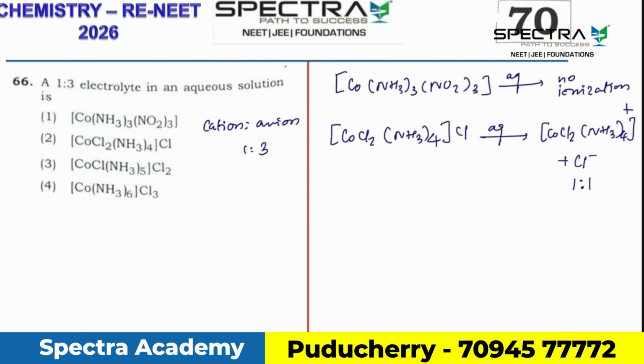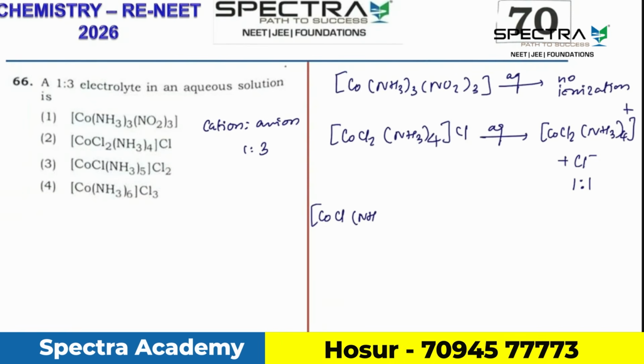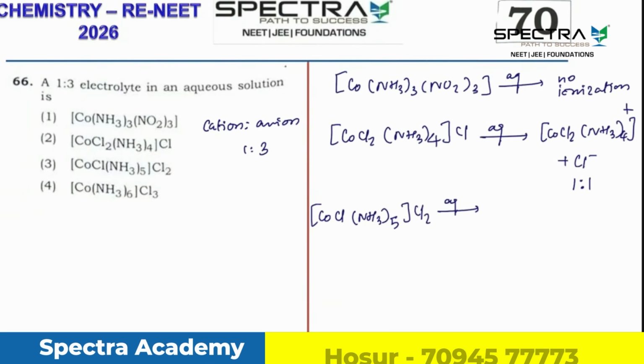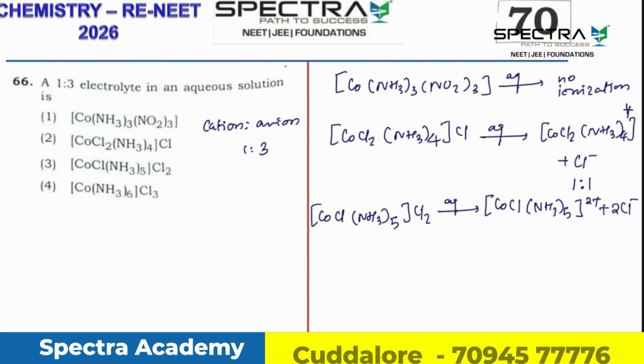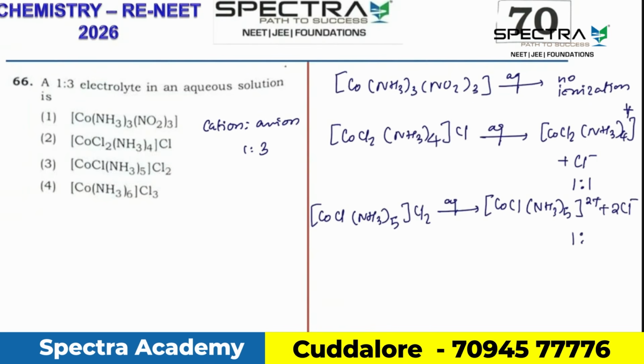Now the third one is [CoCl(NH3)5]Cl2. When this is added to aqueous media, it will dissociate to give the cationic part, which is [CoCl(NH3)5]2+ plus 2Cl-. If you check the mole ratio of cation and anion, it will be 1:2.